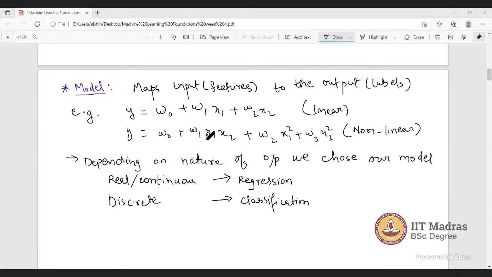When you multiply them, it gives you another number. Similarly, x1 square and x2 square are also numbers. Let us consider x1 x2 is 3, x1 square is 9, and x2 square is 16. Then W0 plus 4W1 plus 9W2 and 16W3 is a linear model between Y and W's.